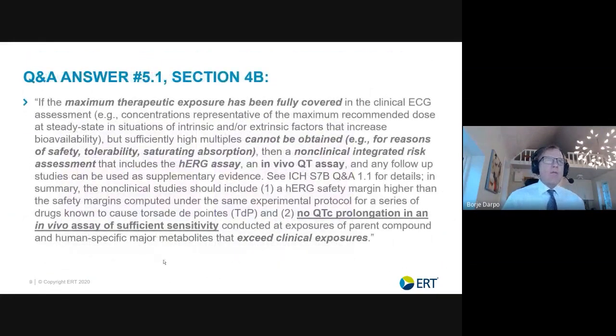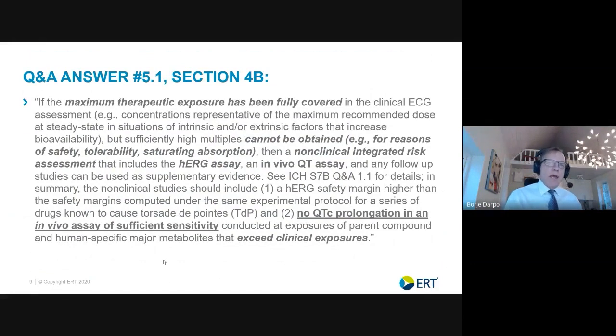So let's start with 5.1. And it's important, I believe, to point out that the text says when sufficiently high multiples cannot be obtained for reasons of safety, tolerability, saturating absorption, then a non-clinical integrated risk assessment can supplement the clinical data, meaning that if you have a negative hERG assay and a negative in vivo study, and you cannot achieve high concentrations in your first-in-human study, the non-clinical data would help you arguing that you will not need a positive control.